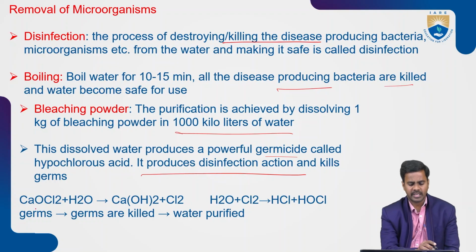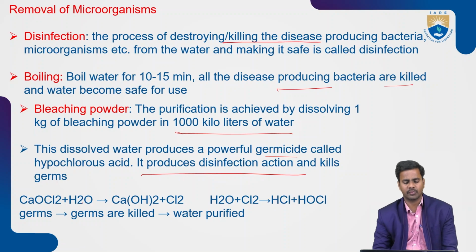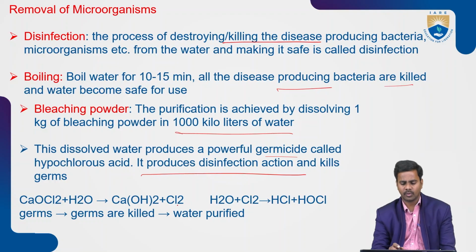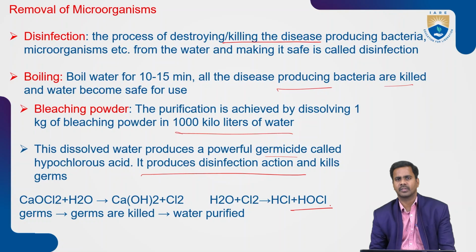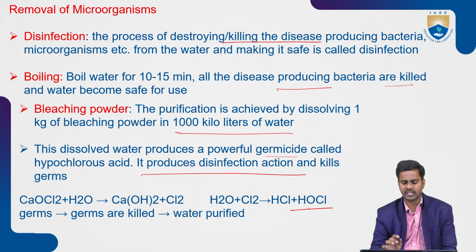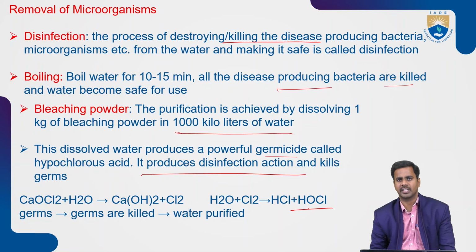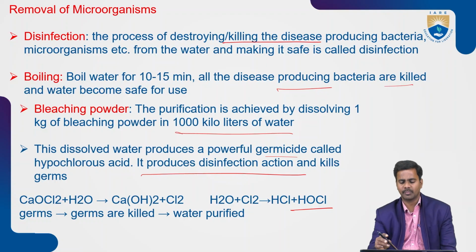Here CaOCl2 is the bleaching powder. When you add bleaching powder to the water, it forms calcium hydroxide and chlorine. Chlorine reacts with water to form hypochlorous acid. Hypochlorous acid acts as a powerful disinfectant. Once hypochlorous acid is formed in the water, it can kill all the microorganisms present in water.